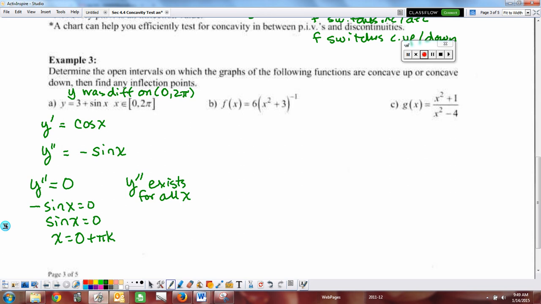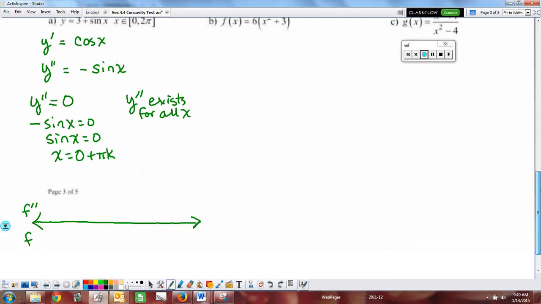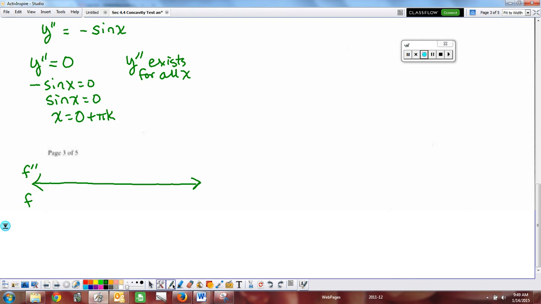So let's take a look at our sign chart. Now notice on this sign chart, I'm not going to do what I did above and put the first derivative on. I am only going to put the second derivative on because we're only worried about concavity. I'm not worried about whether the function f is increasing or decreasing. And I might want to use the notation that I have since I haven't named this f.